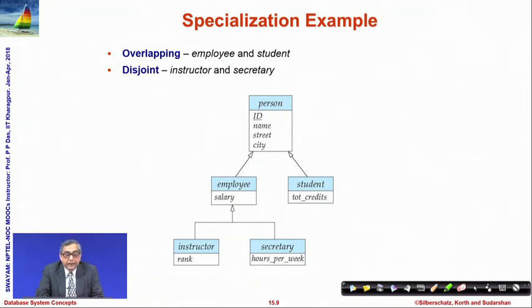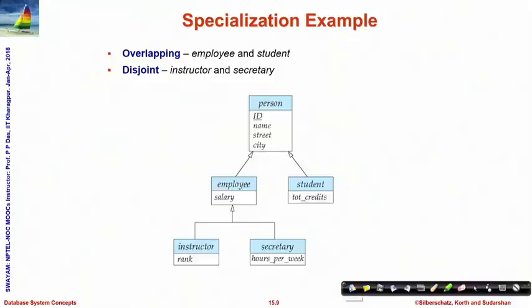So, disjointness tells us that no instructor can be a secretary and no secretary can be an instructor, whereas overlapping specialized sets denote that an employee may or may not be a student, but it is possible that some employee is also a student and vice versa, and that is how we will represent this.